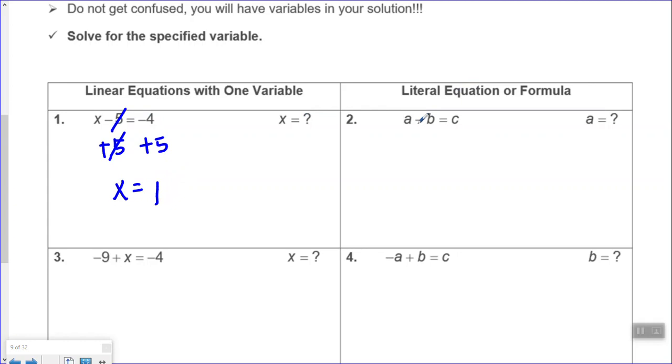Now you have a minus b equals c. Here you want to solve for a, you want to isolate a. How can you get rid of minus b? To undo minus b, you add b on both sides. So a equals c plus b.